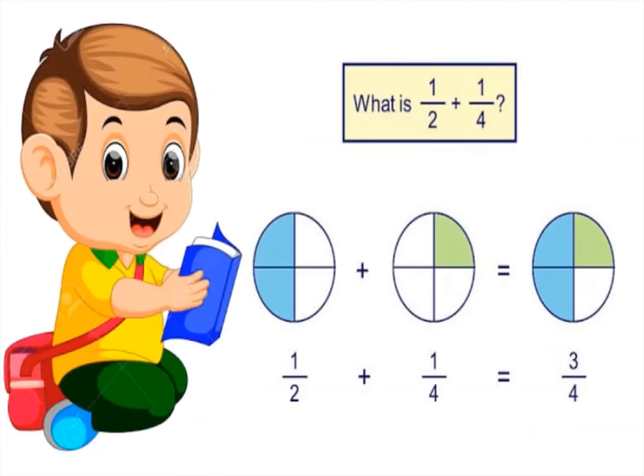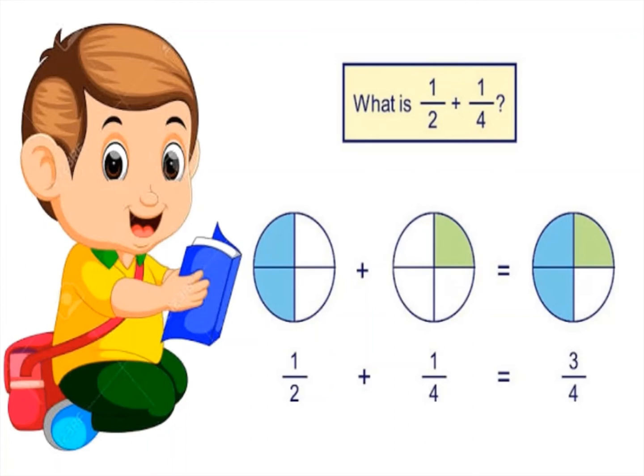Now let's see and observe what is here. There is 1 upon 2 and 1 upon 4. What is it? Denominators are not the same. One denominator is 2, another is 4.